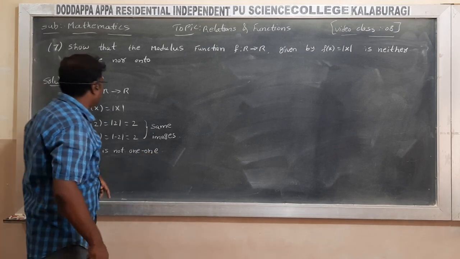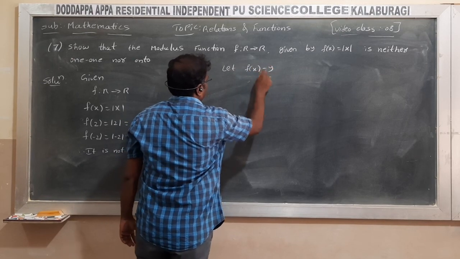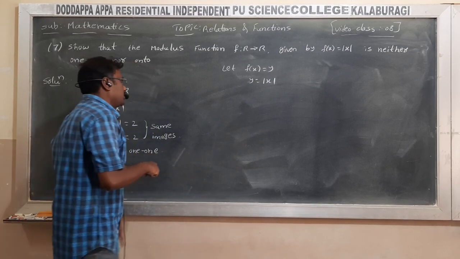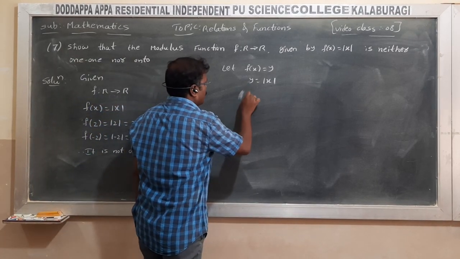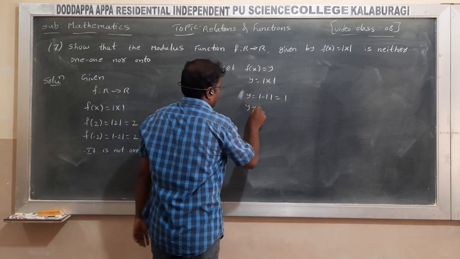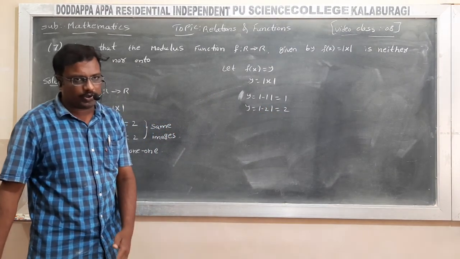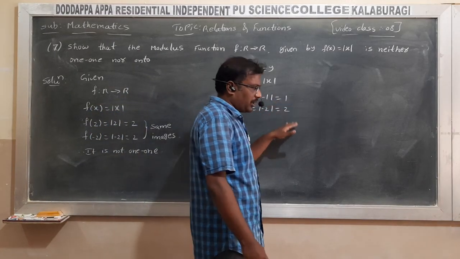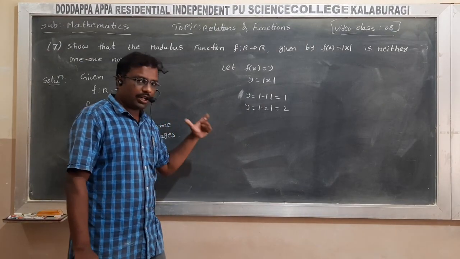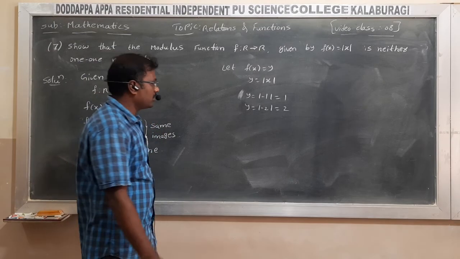Okay. Next we go for onto. Let f of x equal to y. So y equal to modulus of x. So we know that if you put a negative value, we get positive. If you put a positive value, again we get positive only. So the answer should always be a positive value. There is no negative value. So in the onto set, the negative value is always left as it is. Therefore, it is not onto.